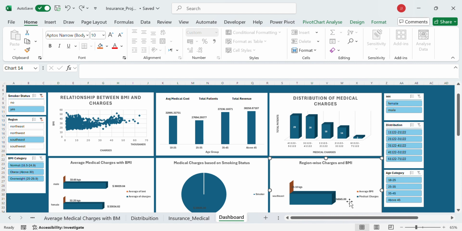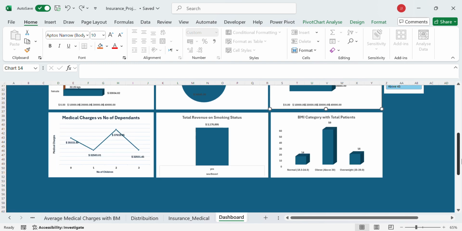This is the average medical charges for males, around 36,029, which is alarming for them as well. And we can see a lot of obese cases here, with 59 people who are smoking in this area who have become obese, and overweight is 18.